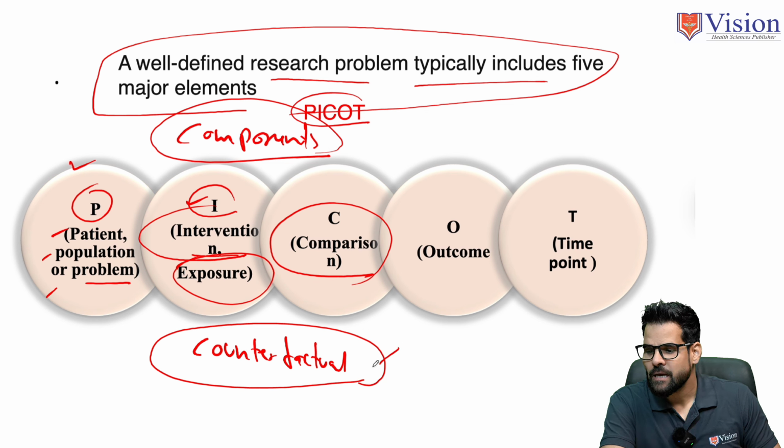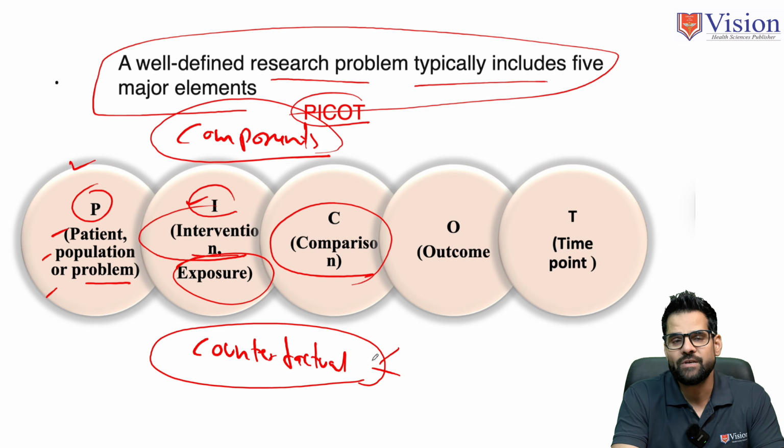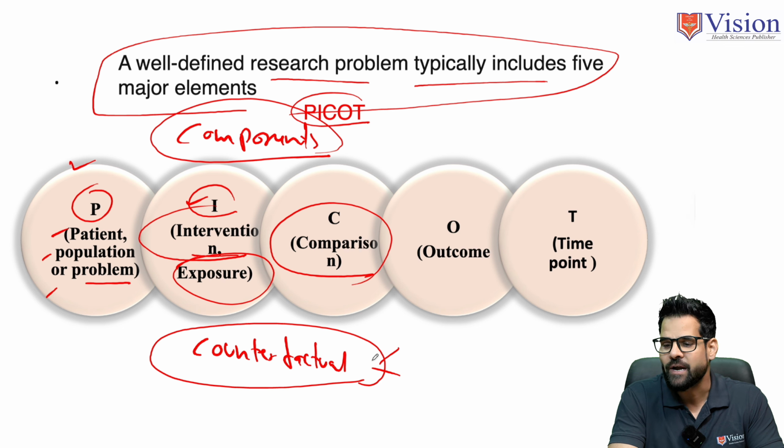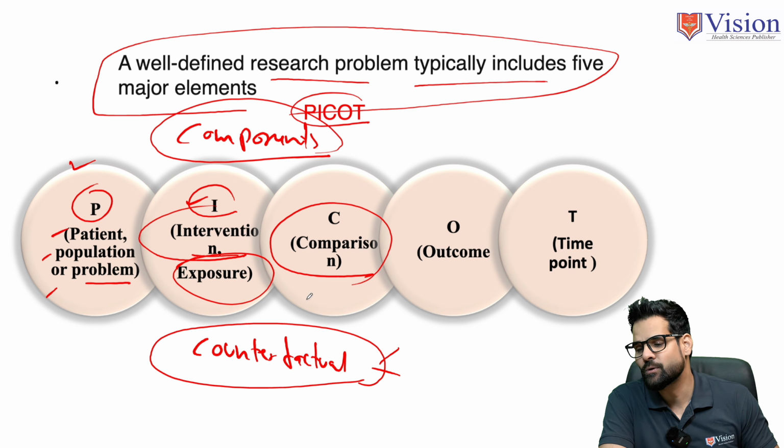Counterfactual means a group against which you are going to evaluate the effectiveness of your intervention. Like if 20 students were given a dietary program for the next 3 months, after 3 months you are going to compare these 20 with another 20 which were not on any such program or intervention. So that is about the comparison.